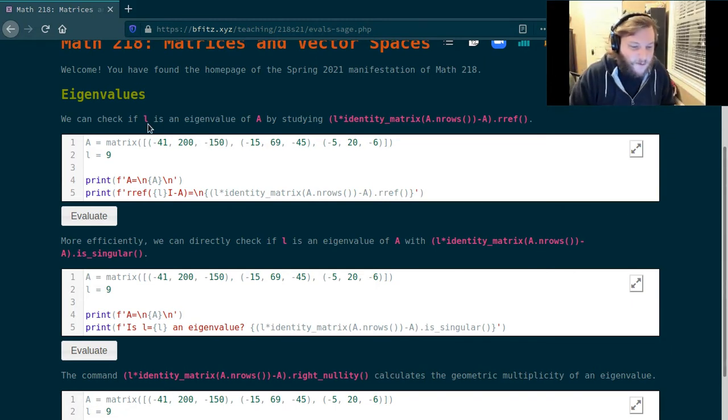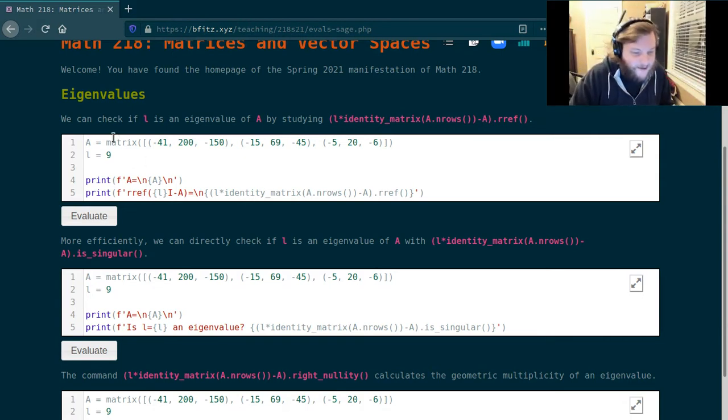So if we start with a number, which I'll call L here, and a matrix A, and we want to verify whether or not L is an eigenvalue of A, what we want to do is look at L times the appropriately sized identity matrix minus A, and then figure out the rank or the nullity of that matrix.